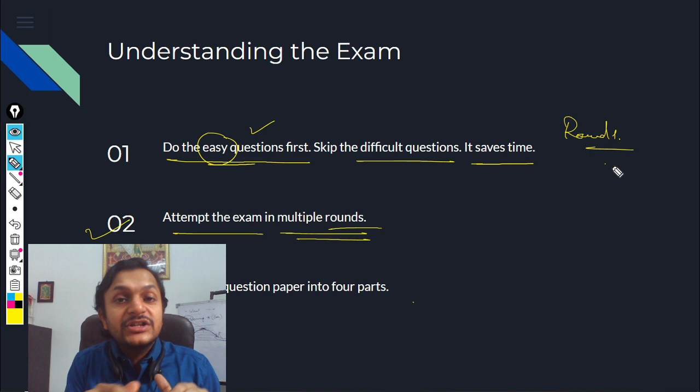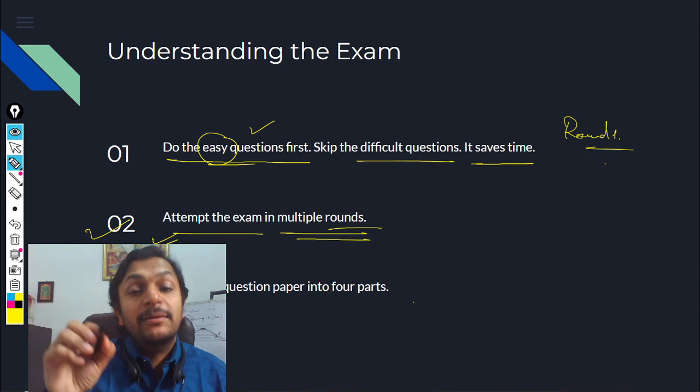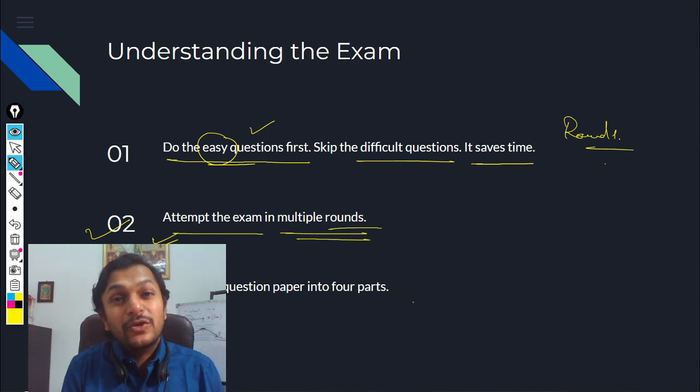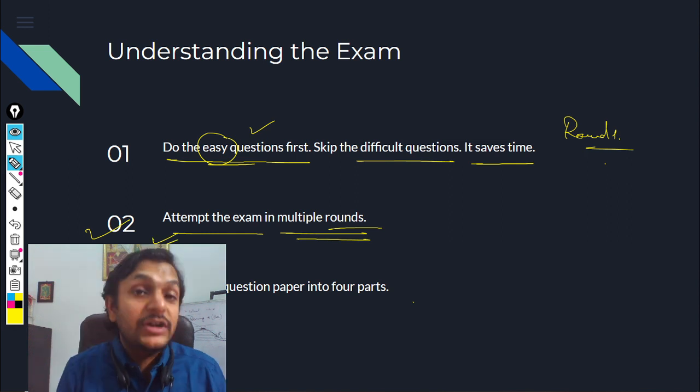In round 2, we are now attempting those questions which you have marked properly, that okay, this is a difficult question and needs more attention, and they are more time consuming. So you do not want to go for a time consuming question in round number 1. Okay, so in round number 2 you go for those questions which are difficult.